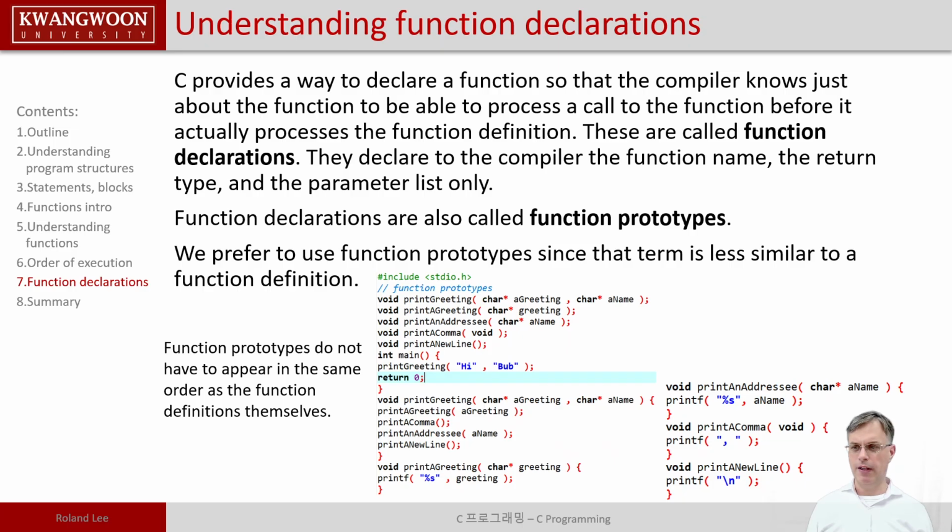And the last topic this time: understanding function declaration. In order for the compiler to recognize a function call when it sees it, it must already know about the function. In other words, it must already have processed the function's definition before it can process the call to that specific function.